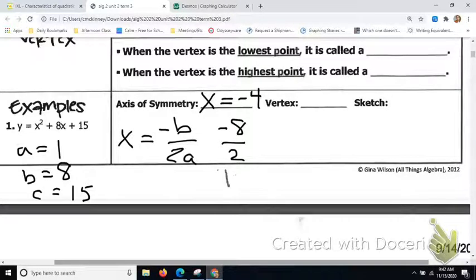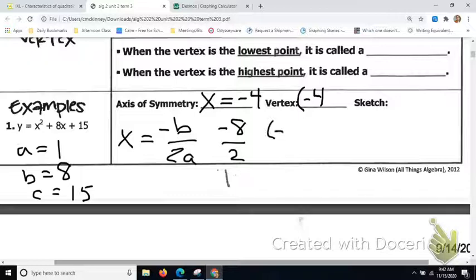My vertex, so the vertex, because the axis of symmetry always goes through the vertex, the first part of the vertex is a point, so it's an ordered pair. The first part of the vertex will be the same as that axis of symmetry. And then to find the rest, we plug that number in.